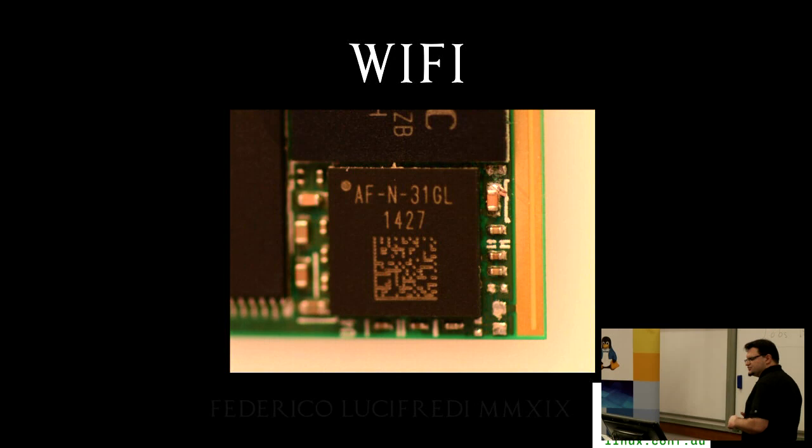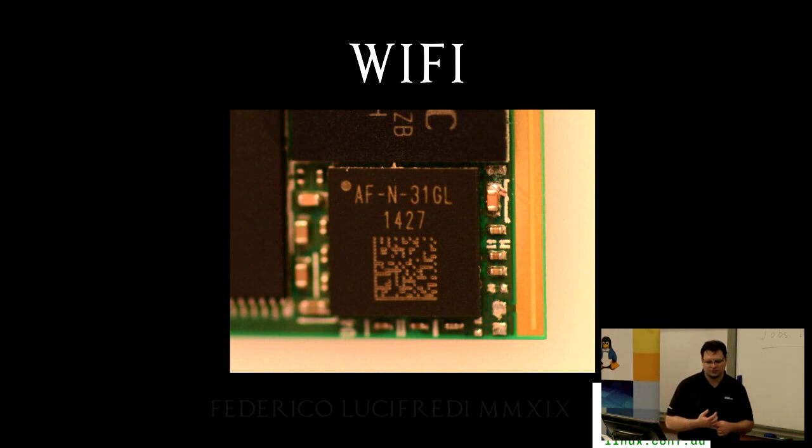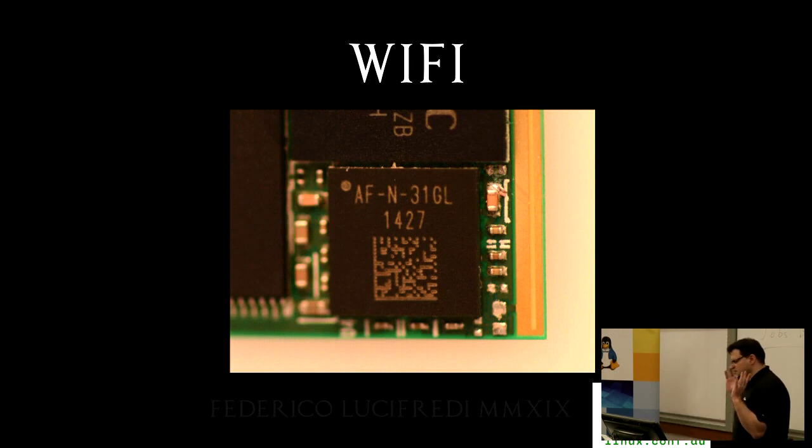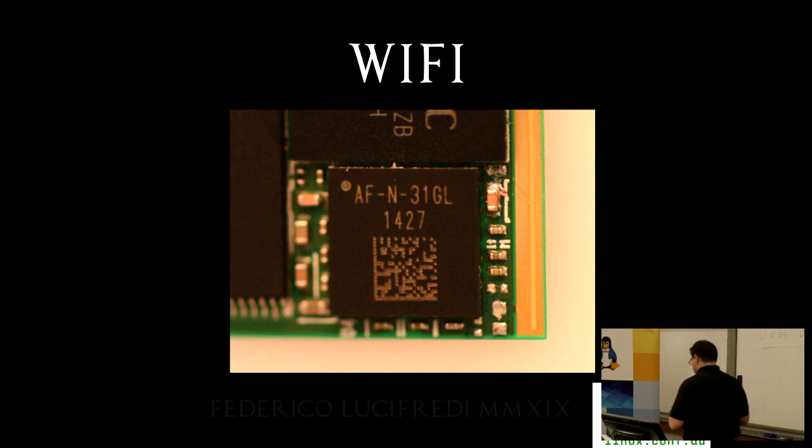The radio is a Fortune chip, AFN something something. It's a Wi-Fi controller. It contains an Atheros AR6003, which is the smallest, or at the time it was marketed as the smallest Wi-Fi chip you could buy. The smallest Wi-Fi core you could buy, because these things get integrated in bigger chips. The bit we care about here is that it does Wi-Fi B, G, and N. It doesn't do Bluetooth.